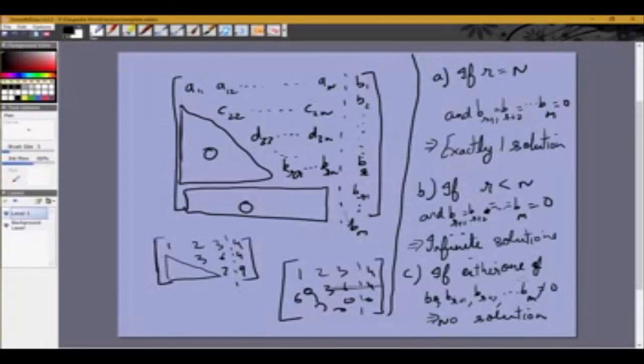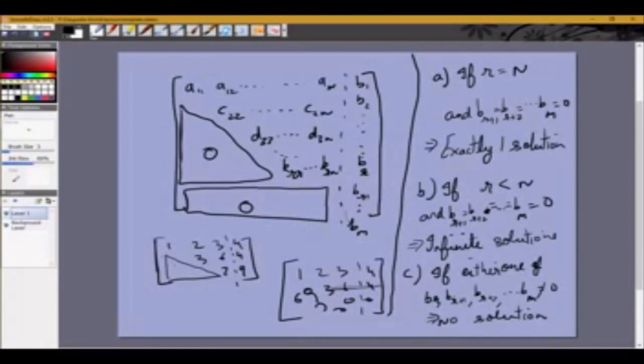Now this might seem a lot to learn in one video, but think about this, we are just paralleling all the knowledge you have of solving linear systems already. If you have this sort of equation, then you'll have 0 into x is equal to something non-zero, which is not possible. That would be of the sort if you have inconsistent equations. You have 2 unknowns, but you have 3 equations which are not consistent among themselves. So you would have no solution.